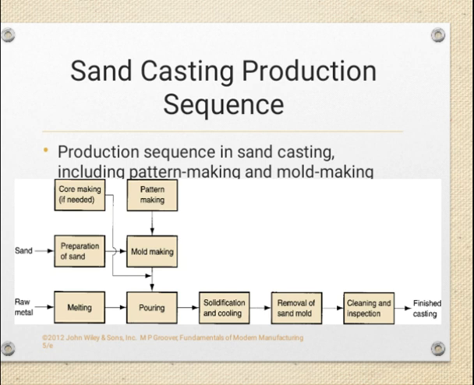The raw metal is melted and the melted metal is poured into the created sand mold cavity. By pouring it into the runner, it passes through the gate. From the gate, the melted metal occupies and fills the space of the mold cavity and comes out through the riser outlet.